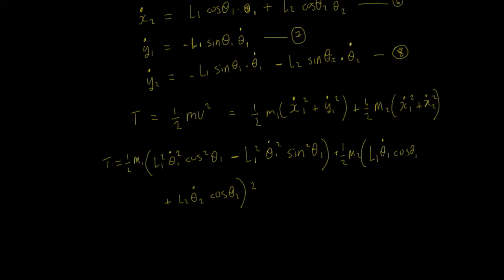Right, and now we've got to do the same for this one here, and this whole thing is going to be squared, so it's going to be plus minus L1 theta 1 dot sine theta 1 minus L2 theta 2 dot sine theta 2.